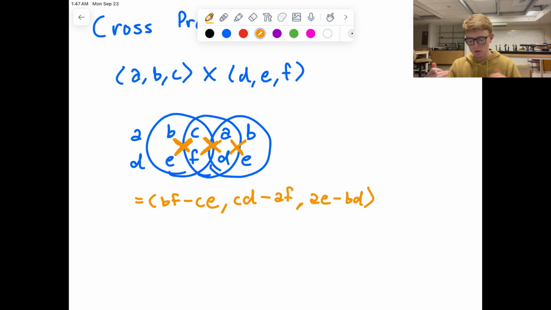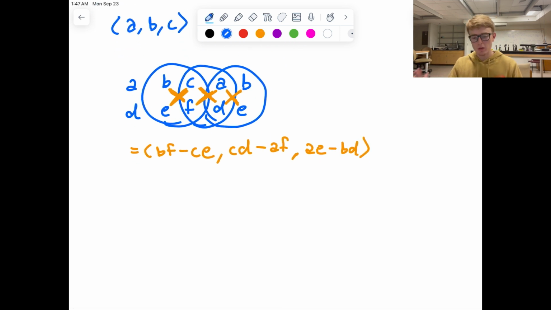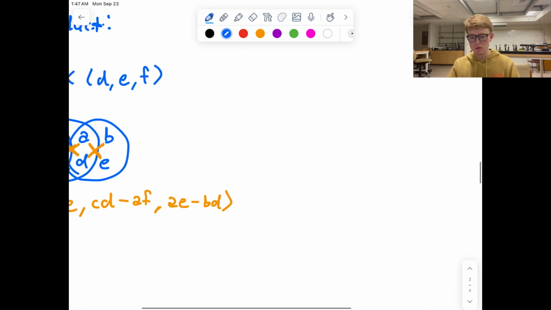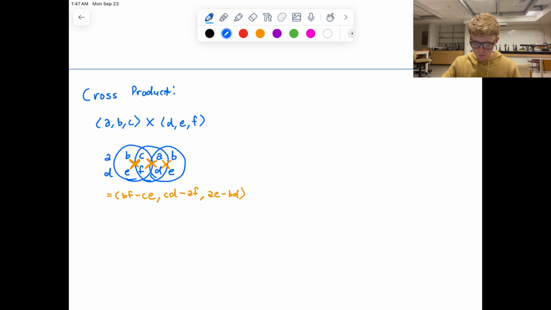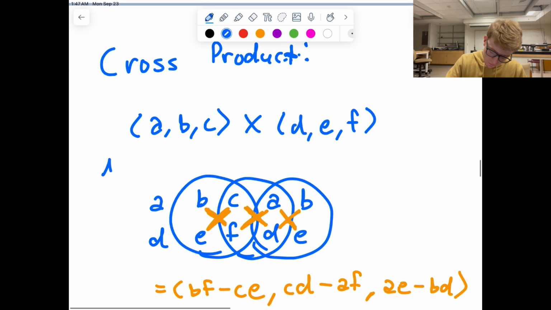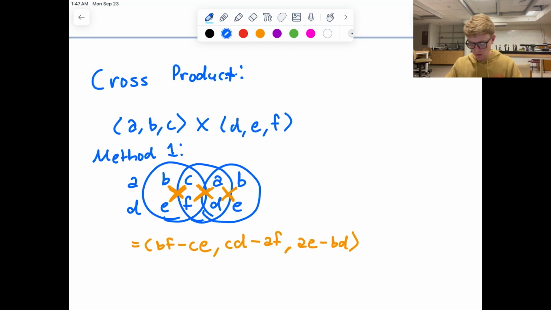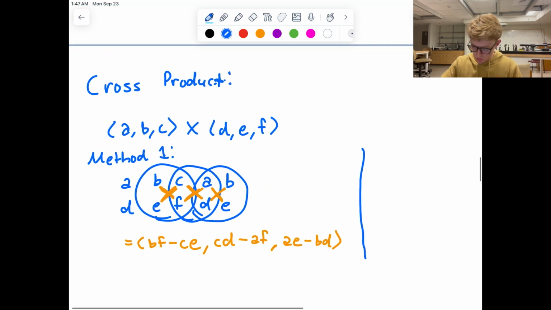It just takes practice. The other method that I've seen is this sort of column method. Let me write that out now. So this is method 1. And now let's do method 2.